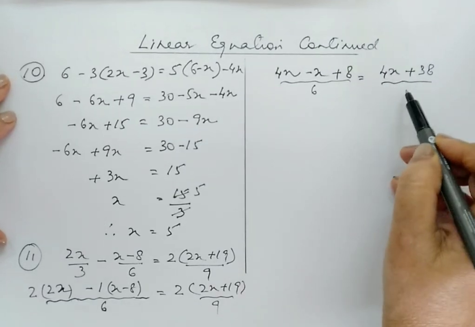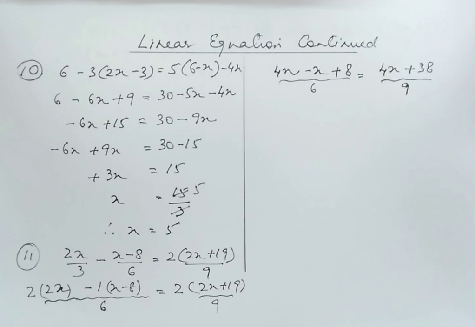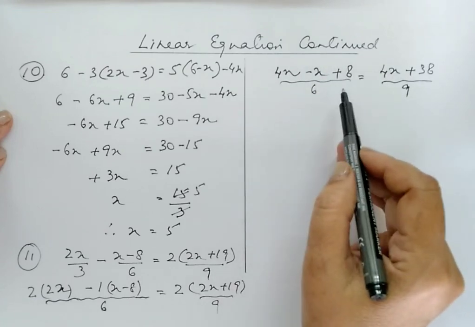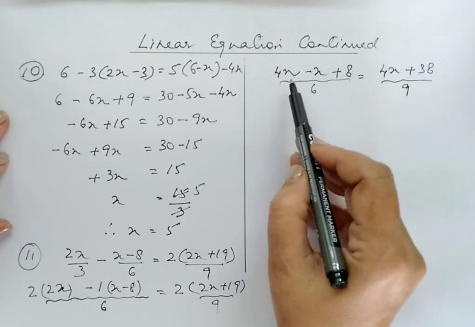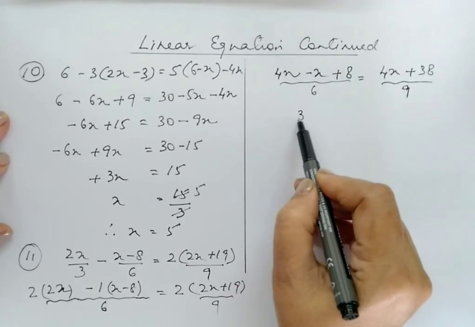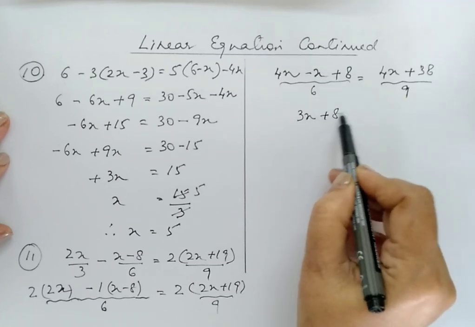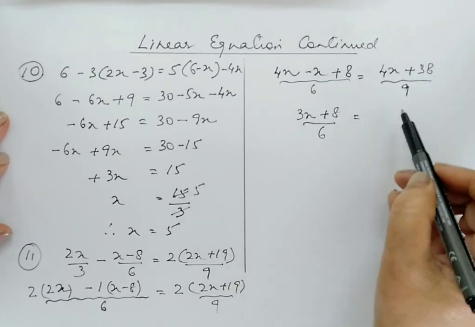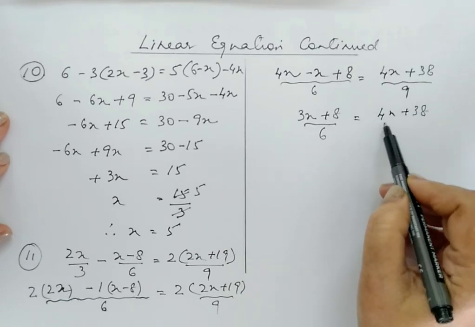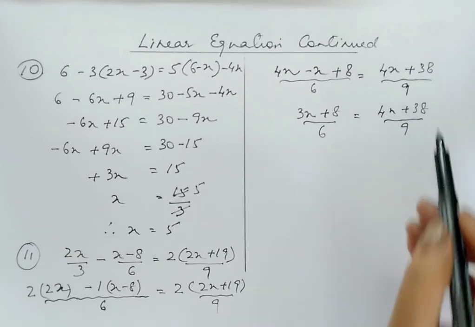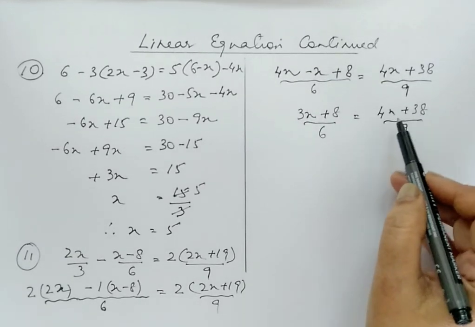And we have 9 still sitting there. Got it? As I had told you all earlier, we need to simplify on both sides first before we bring them to the other side. So 4x minus x is equal to 3x plus 8 over 6, and here 4x plus 38 have nothing to do with each other, as they are unlike terms.